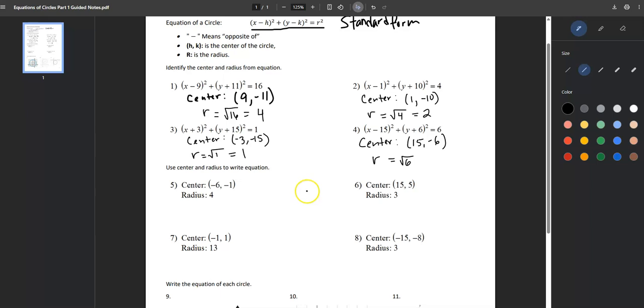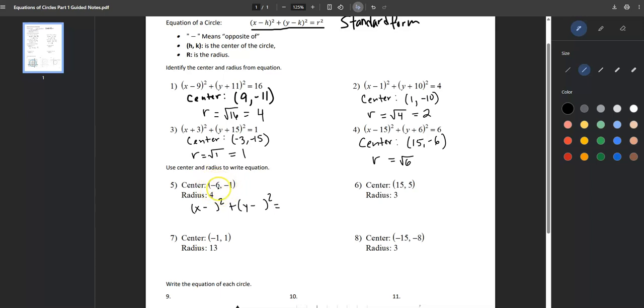We also want to be able to write equations given the center and the radius. If I'm given the center and radius, I should be able to go the other way. So remember, it's always in this form, with y here and x here. You just have to fill this in.